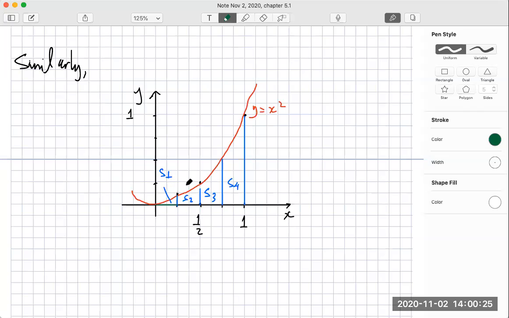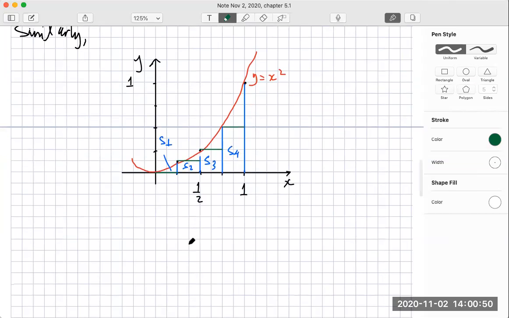The second one we approximated by this rectangle. The third one we approximated by this rectangle. The fourth one we approximate by this rectangle. Similarly, we approximate it.